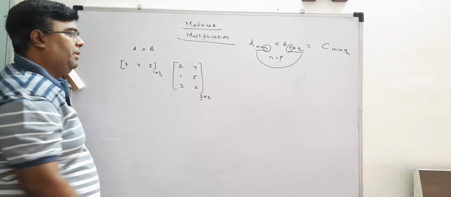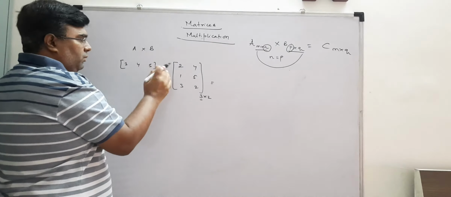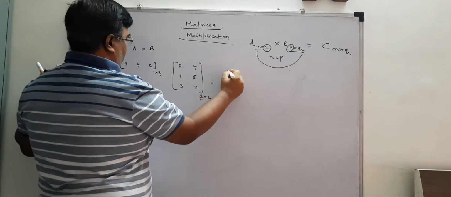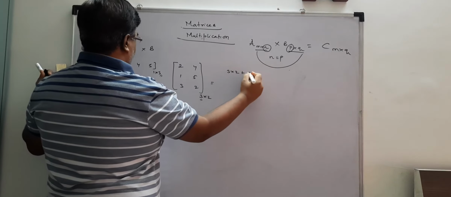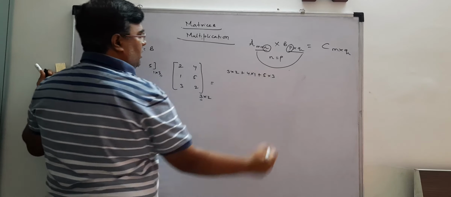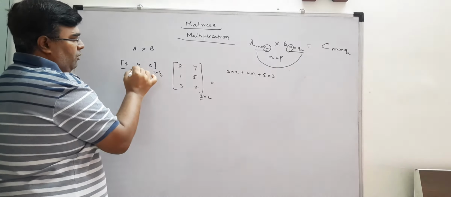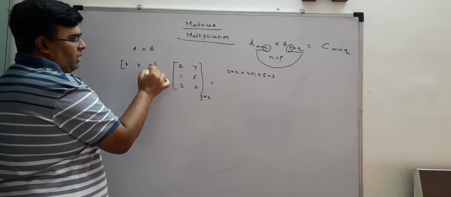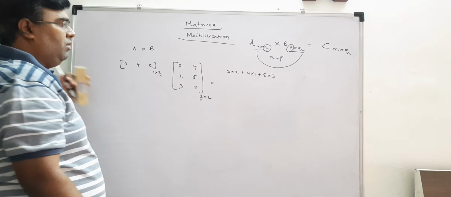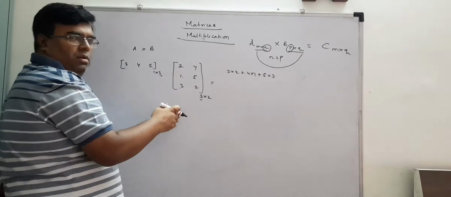Now let us see what will happen. There is only one row, so row times the column: 3 multiplied by 2 plus 4 multiplied by 1 plus 5 multiplied by 3. Rows multiplied by column, adding all the things, we get the first term, row 1 column 1.